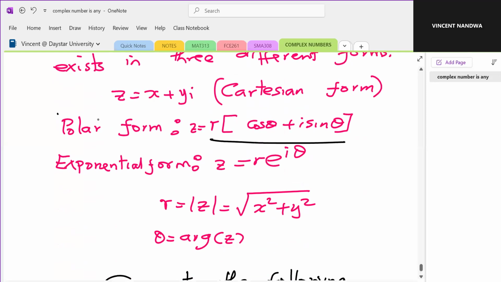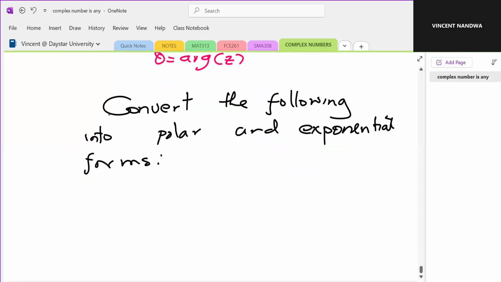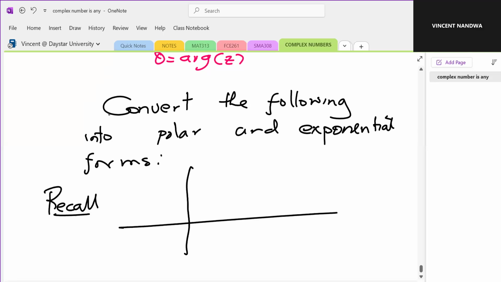So just as a recap, if I have this as my imaginary axis, this as my real axis, and I have a complex number z here, x plus iy, in this quadrant, if this is my angle theta, then this height of this triangle will be y, this base will be x.